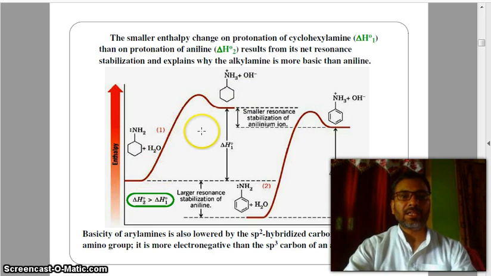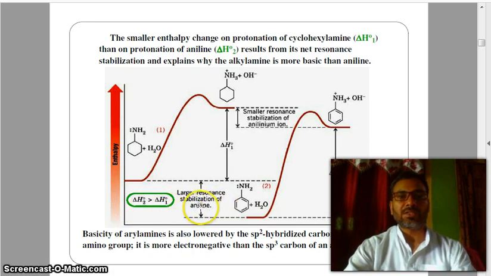So look at here, this is your compound, water, and in the same way, if you have this compound aniline and water, you have this. So this del H1 is less energy than this del H2. So del H2 is much greater than del H1.